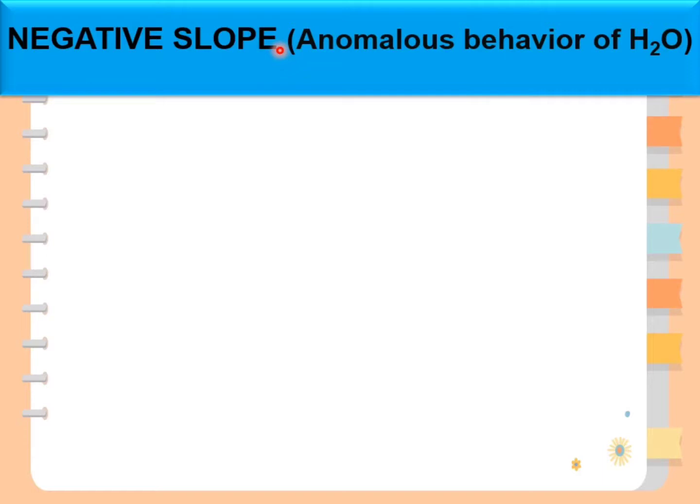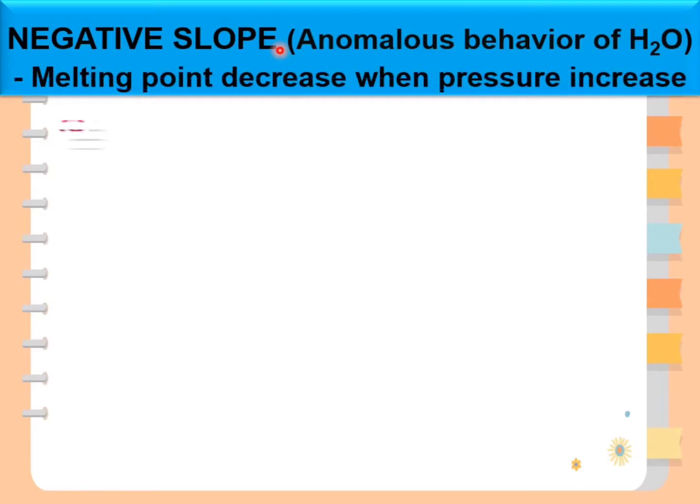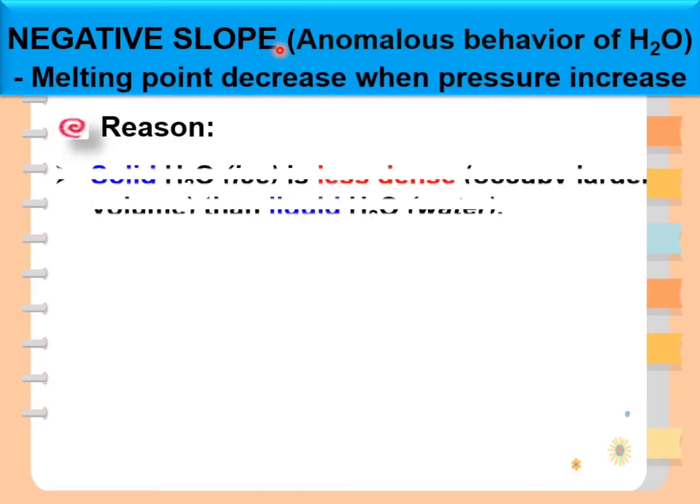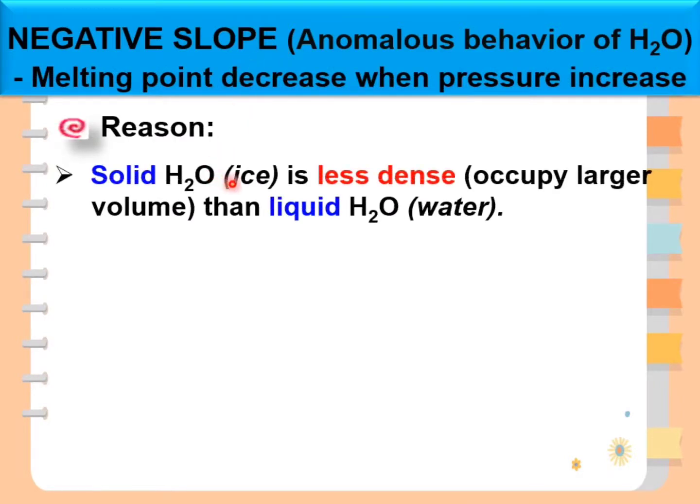Adakah ais akan tenggelam? No, right? So ais ataupun solid H2O is less dense than liquid H2O. So this is the reason why melting point decreases when the pressure increases for H2O.